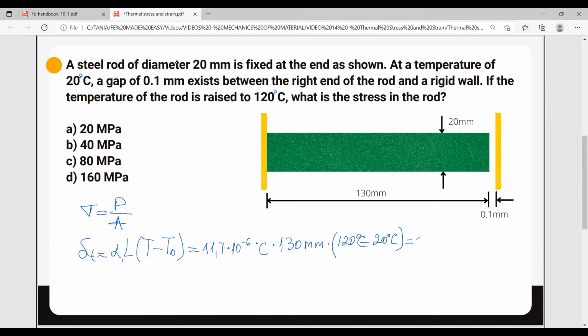The thermal deformation is 0.152 millimeters.